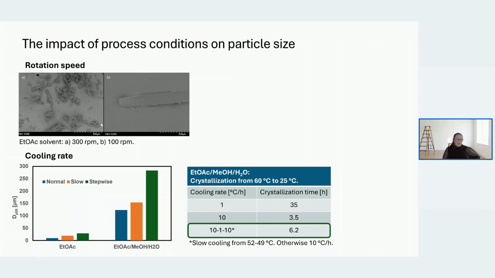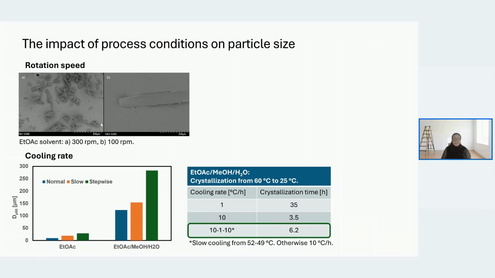With this slow cooling, we just wanted to check whether we actually get bigger particles, because now there is well enough time for nucleation and crystal growth, and also we don't that easily attract impurities to the formed crystals.